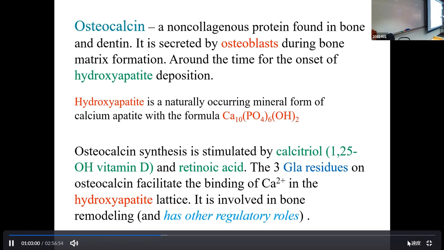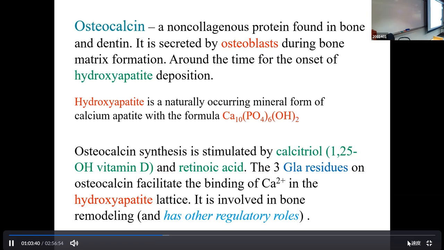You may not understand this sentence, but when I show it to you in a subsequent slide, you will know better. The important thing for you to remember first is that there is a protein formed in osteoblast called osteocalcin. This osteocalcin has some glutamic acid residues which tend to bind calcium.